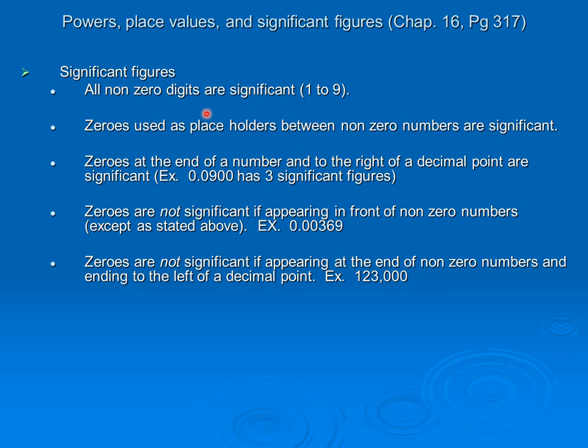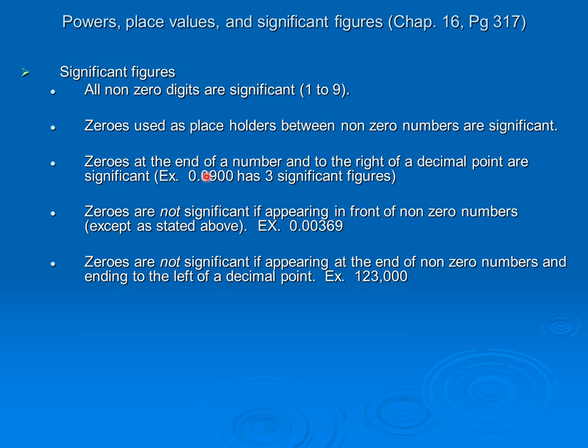So 0 does not contribute anything to the number, but it still has significance because you cannot write a number without 0. For example, let's say you have the number 109. In the middle you have a 0 which doesn't make any contribution, but without the 0 the number becomes 19, right? That's a huge difference. So 0 is mostly a placeholder, but it still has a value, I'm saying significance.